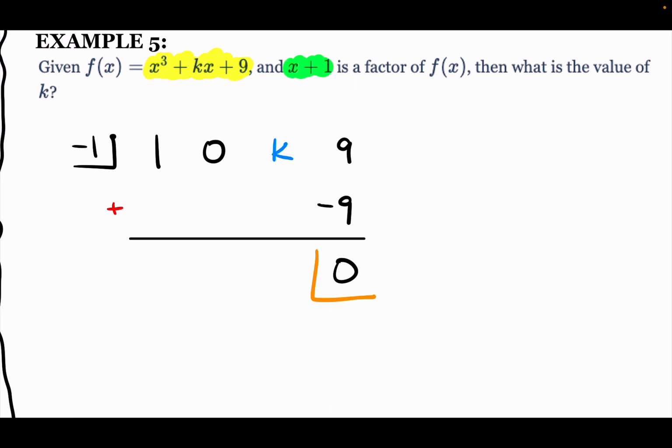So now let's start from the beginning. Multiply 1 times -1. -1. Add straight down. 0 plus -1 is -1. Multiply again. Don't worry about the k. We'll figure that out later. -1 times -1 is +1, right?